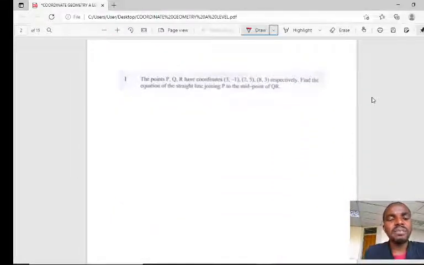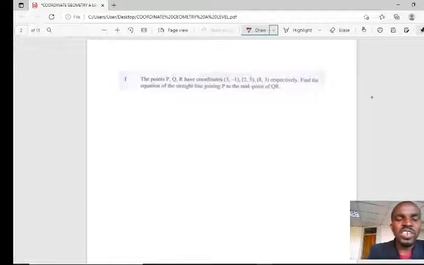The first question reads, the points P, Q, R, as you can see on the screen. Then the question is, find the equation of the straight line joining P to the midpoint of QR. Please take note. You have to know what you are supposed to find. Right, so you have the points P, Q, and R, given the coordinates there.